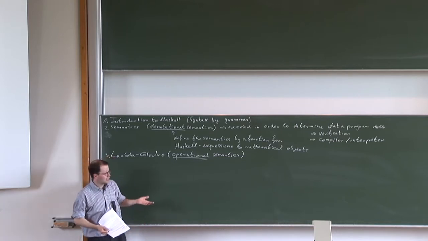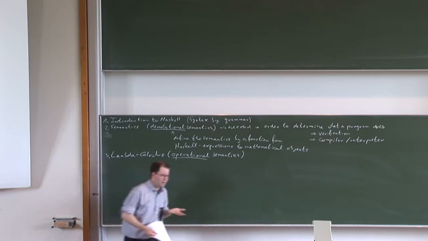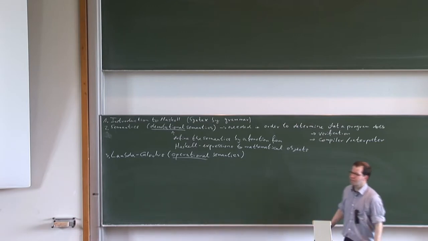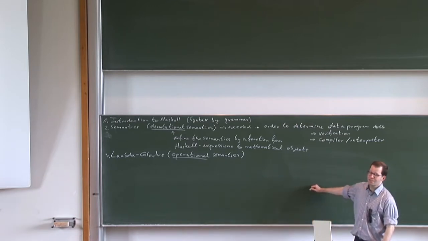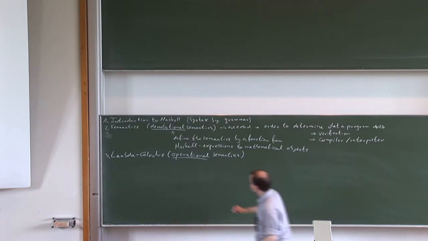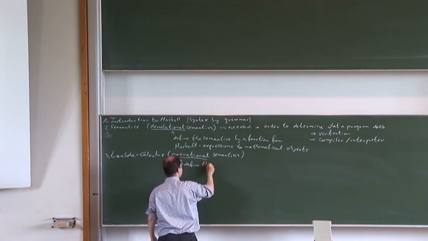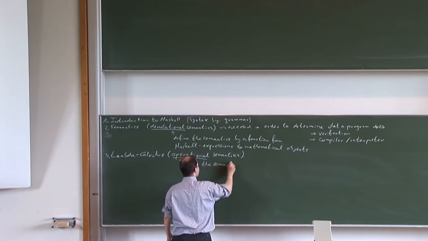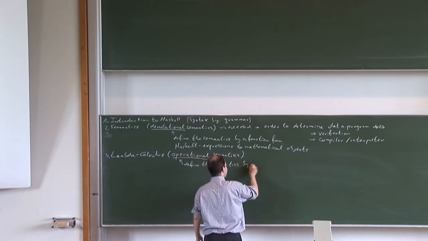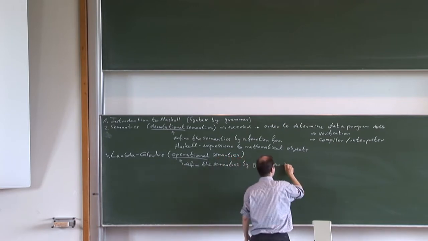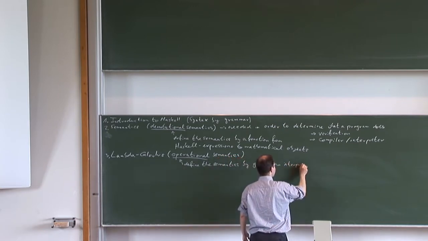So basically, operational semantics is you define the semantics by giving one standard implementation of an interpreter and by saying, what this interpreter does, this is the semantics of my language. So here you define the semantics by giving a kind of interpreter for the language.